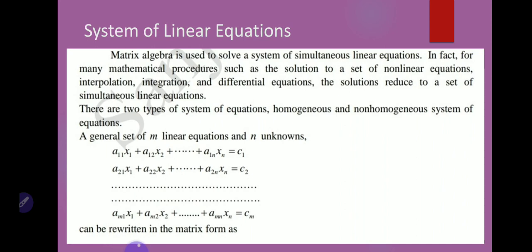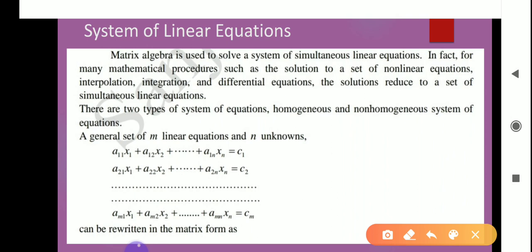So a general set of m linear equations in n unknowns is: the first equation is a11 x1 plus a12 x2 plus so on plus a1n xn is equal to c1.